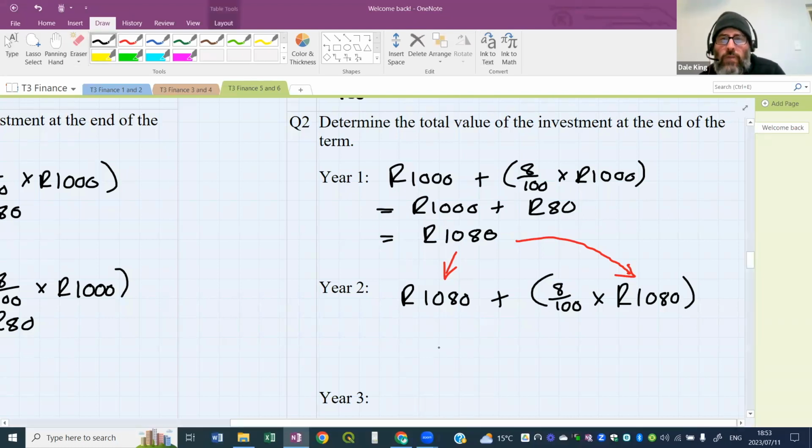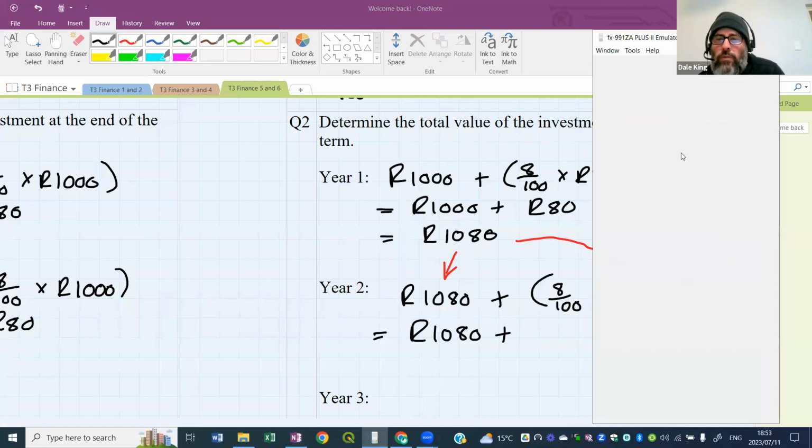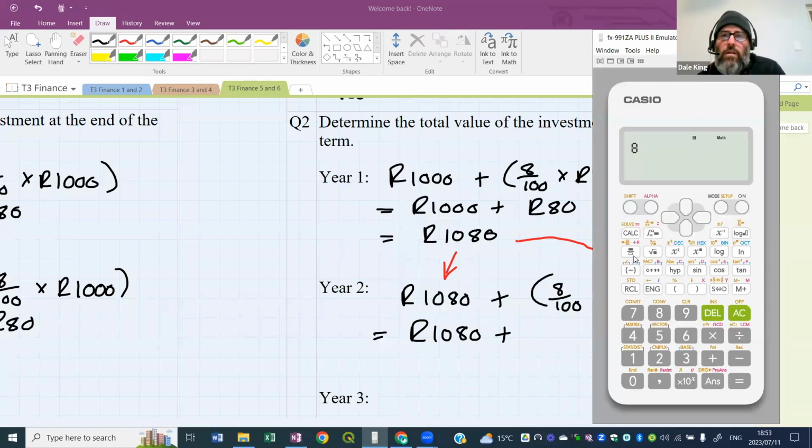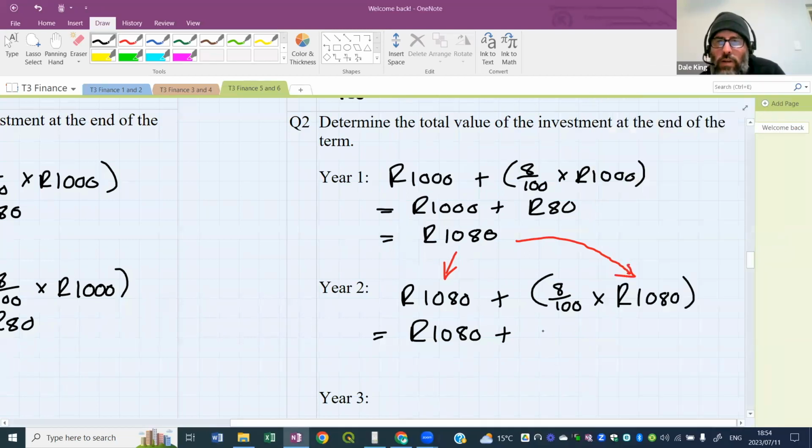Okay. So what is this value now? Yes, someone's already posted it. So it's 1,080 plus, let's work it out. Just like we worked out before, we said 8 over 100 times, not 1,000 now, we need 1,080, which gives us a new value. And we need to add that on, all right? So that's that plus 1,080. 1,166.4.